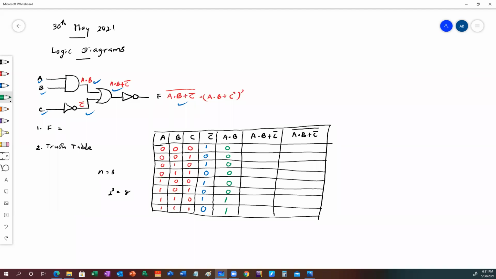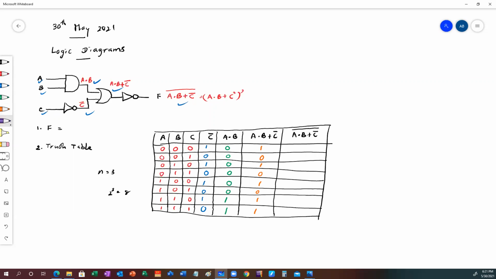Right. Then 1 or 0, 1. Let's have that in a different color. 1, 0 or 0, 0. 1 or 0, 1. 0 or 0, 0. 1 or 0, 1. 0 or 0, 0. 1 or 1, 1. 0 or 1, 1. That is the output.